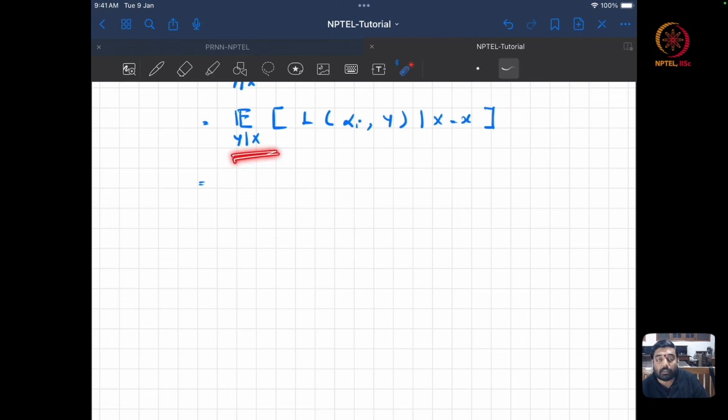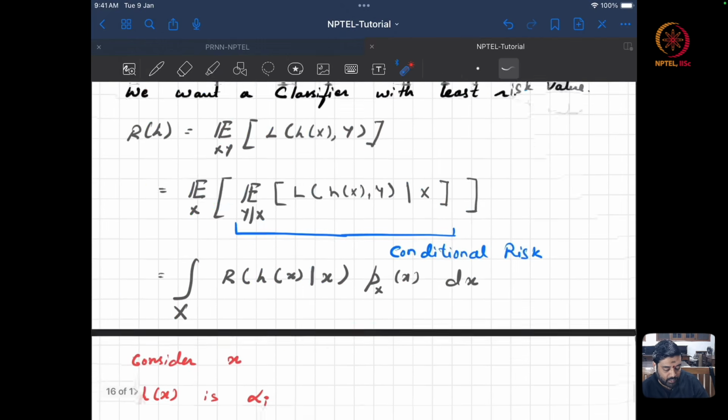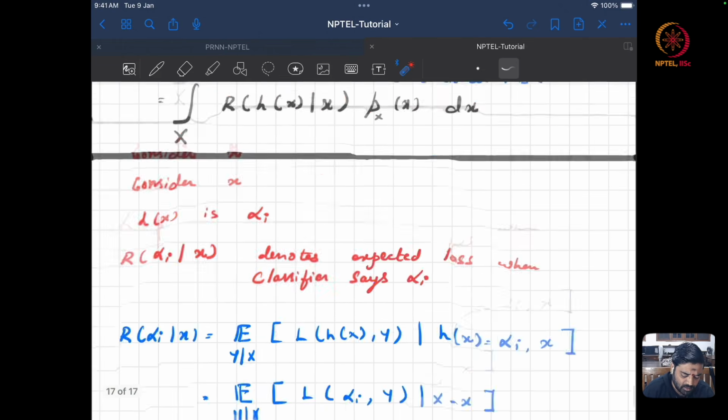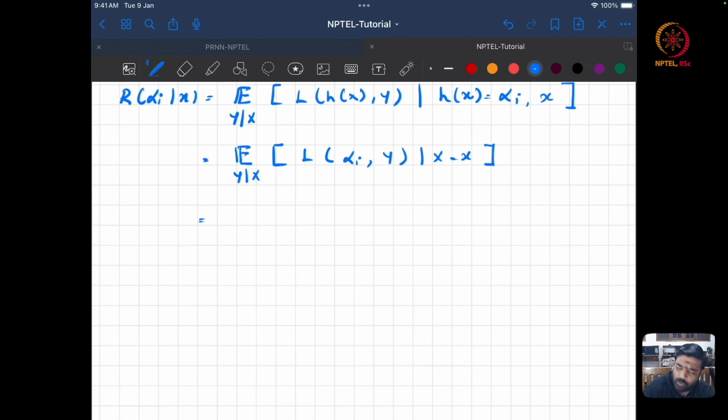Now y is a discrete random variable, so we know the expectation of this. This is straightforward, even though it's a function of x.